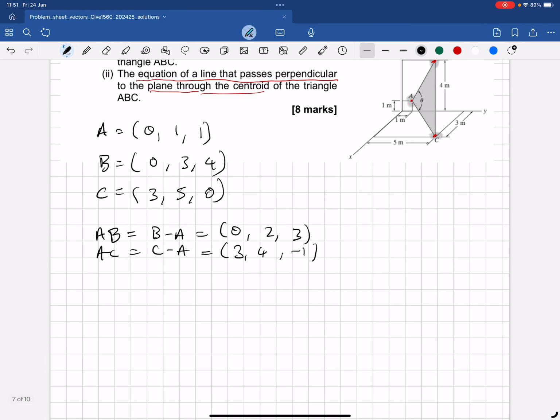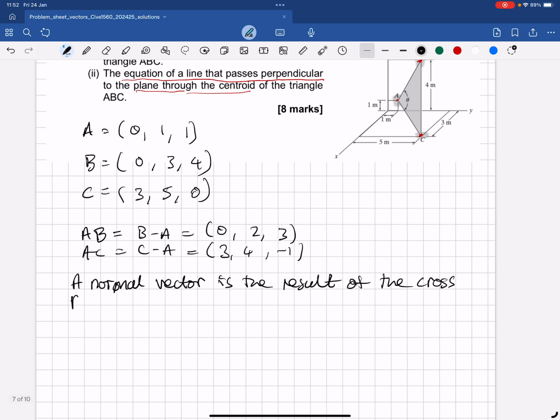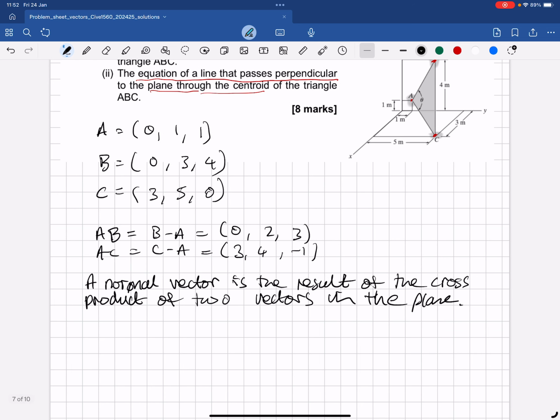If we cross product, a normal vector is the result of the cross product of two vectors in the plane. Now we have AB and AC in the plane. We'll cross those and we'll get a normal vector. So let's do that. AB crossed with AC.